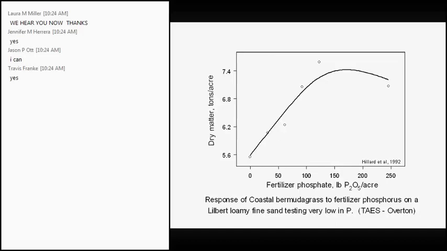This happens to be for coastal Bermuda grass where phosphorus was applied on a Lilbert loamy fine sand that tested very, very low in phosphorus, and this is at Overton. So again, what we would then recommend for somewhere around 7 tons per acre of dry matter would be about 140 pounds of P2O5.